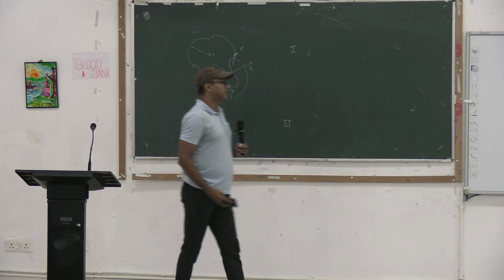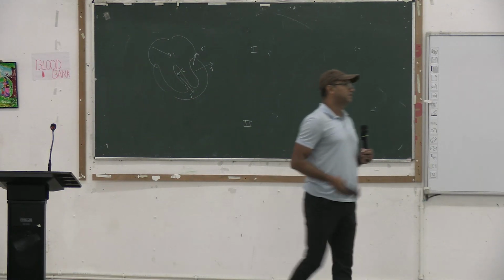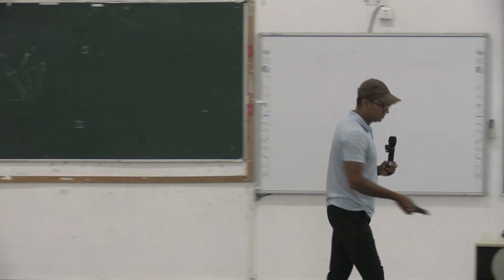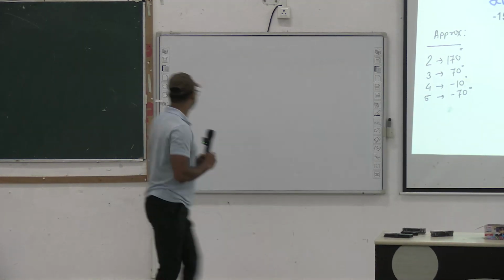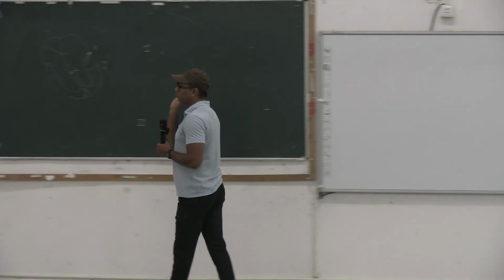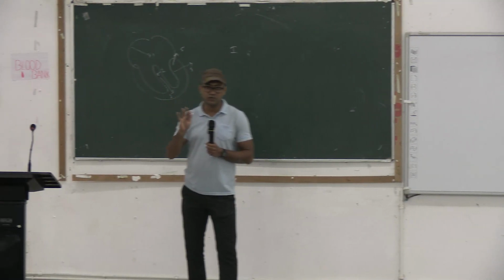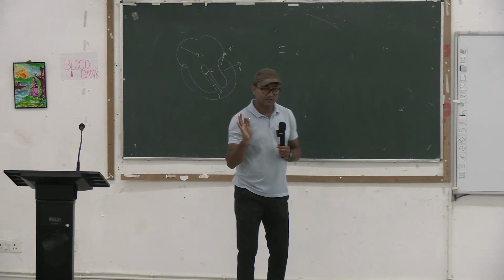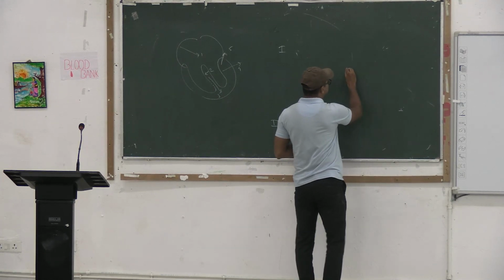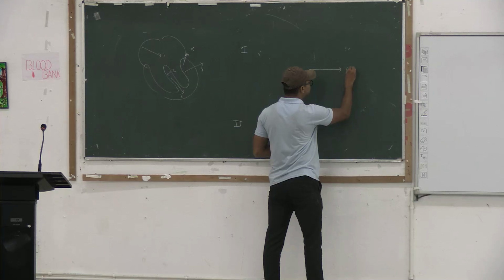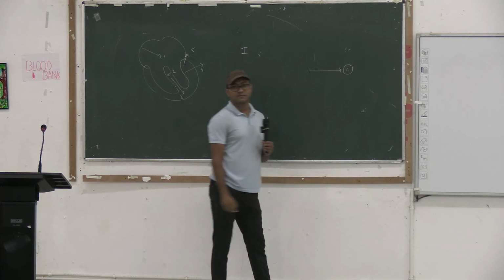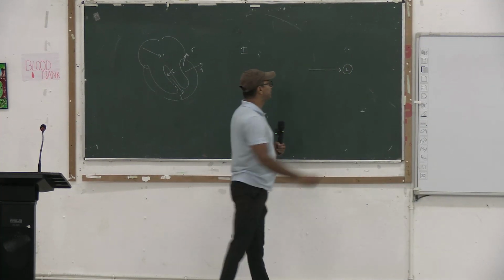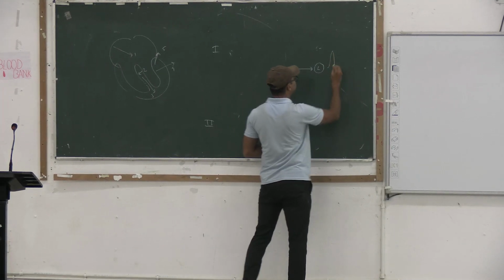Okay, so now let's form an ECG. One rule I have already told in the previous class, right? If a vector travels towards the lead, it will give a positive deflection, right?